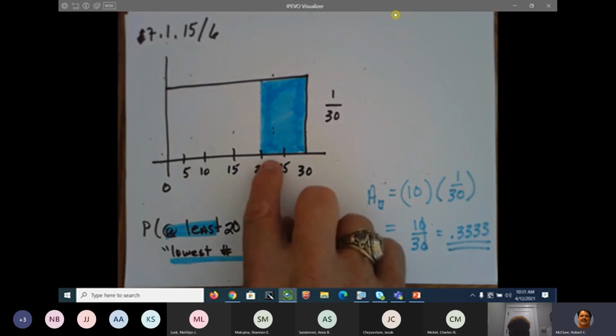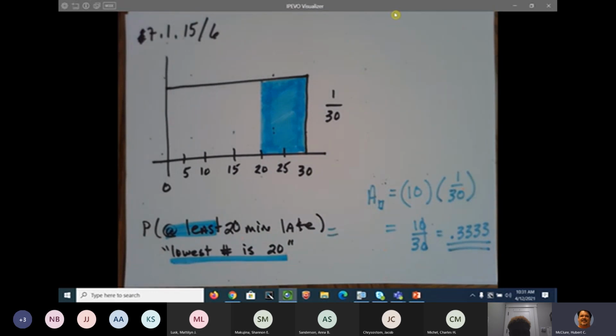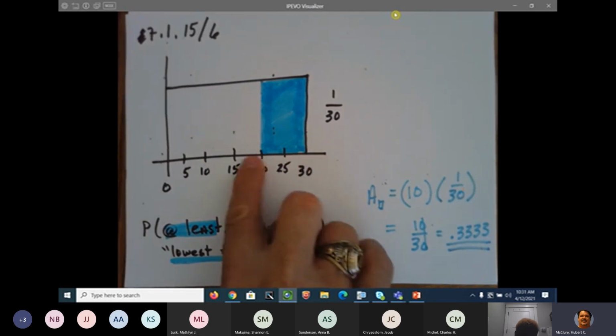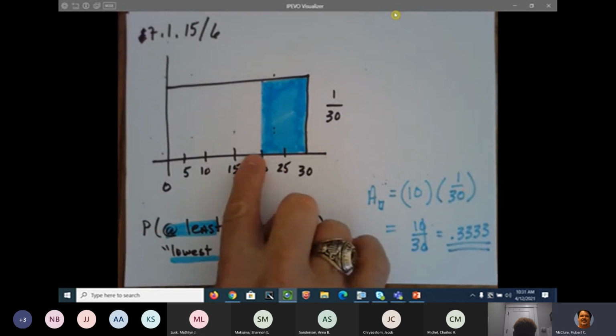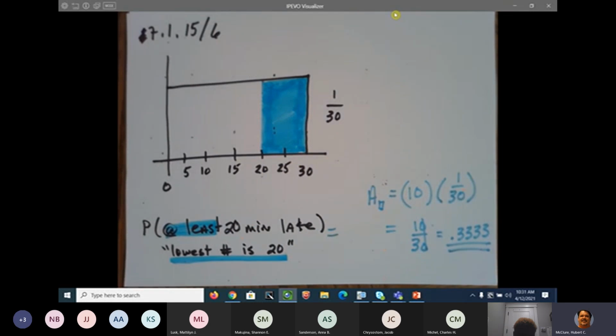How many minutes is between 20 and 30? 10. There you go. So that's why that's okay. Just look at it. What is the base of that blue rectangle? 20 to 30, I mean, sorry, 10. 30 minus 20 is 10 minutes.